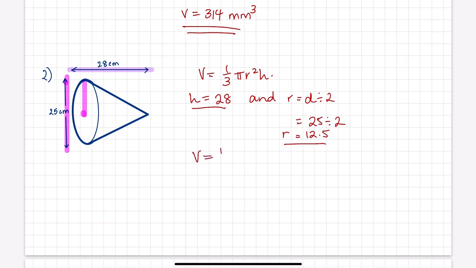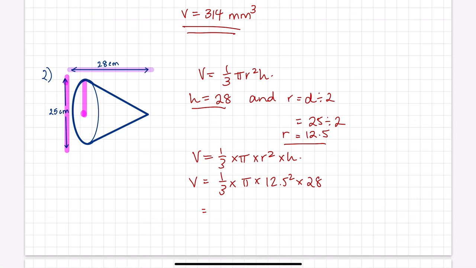So volume equals a third times pi times radius squared times h. 1/3 times pi times our radius is 12.5 squared times our height, which is 28. Okay, we put that in the calculator and we see what we get.